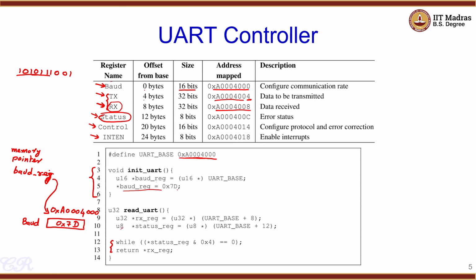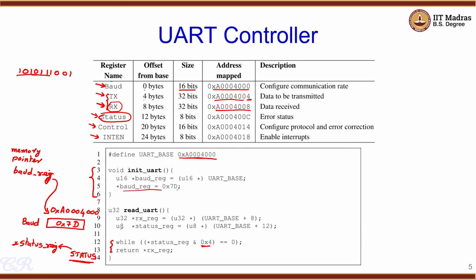Now the last two statements essentially are reading the value of the Rx register. The way this works is first with a while loop, which is continuously polling the status register and specifically looking for the second bit. Notice that when we do *status_reg, we are essentially reading the value present in the status register, right?